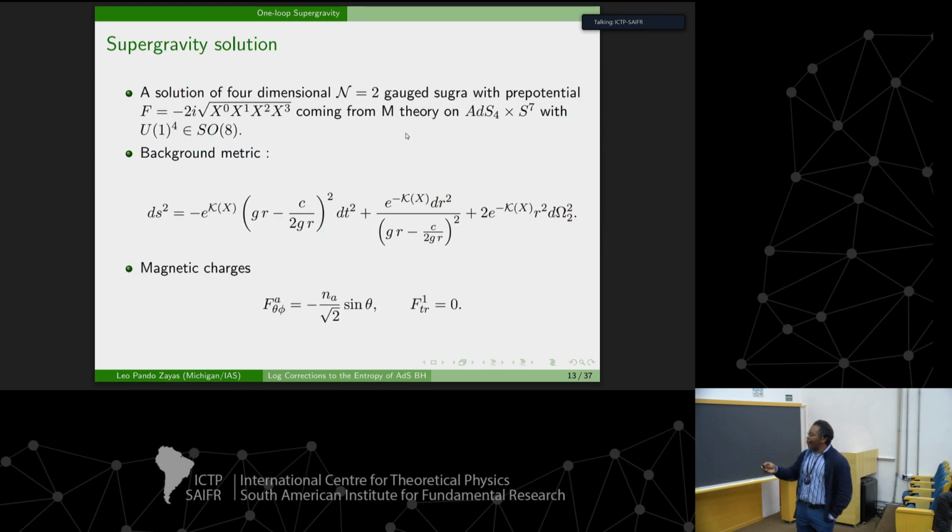Here's the solution from the four-dimensional point of view, but of course my treatment is going to be intrinsically 11-dimensional. Here's the metric. You can see that for large r, this is AdS4, and then there's some decoration. What is important is that you have this black hole in AdS4, then you have your magnetic flux here, and this can be embedded in 11 dimensions.